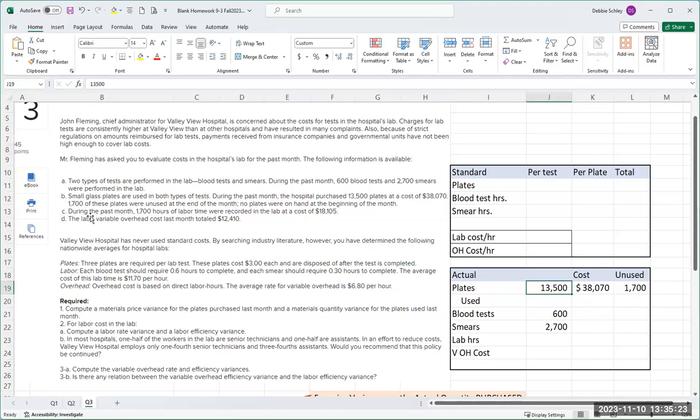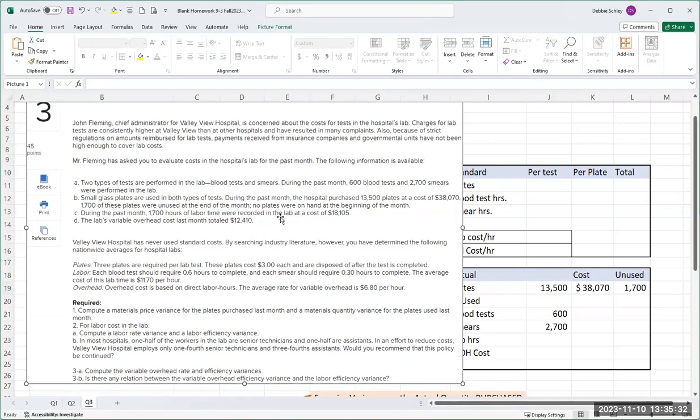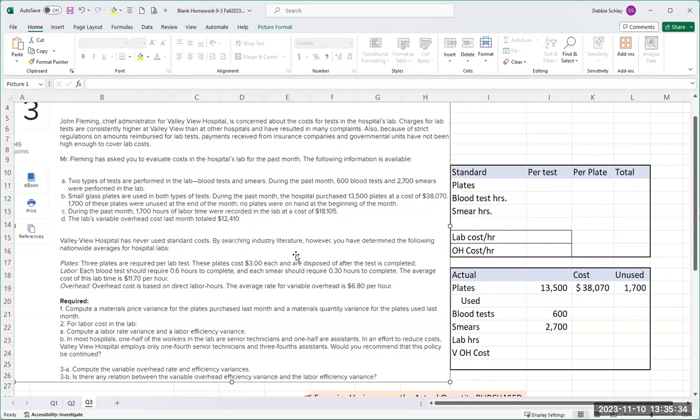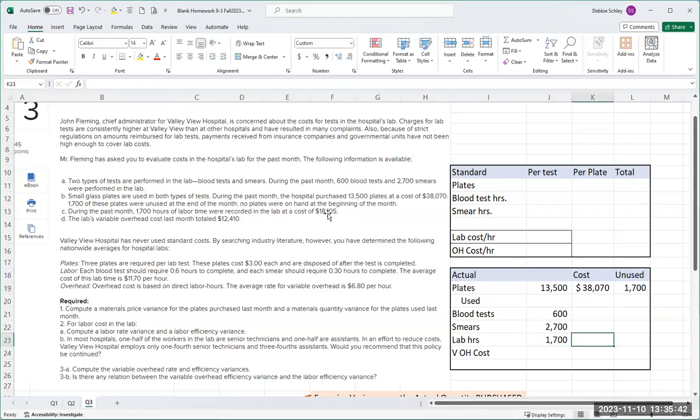Okay, D. During the past month, 1,700 hours of labor time were recorded in the lab, at a cost of $18,105.